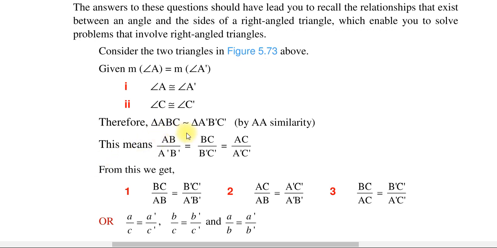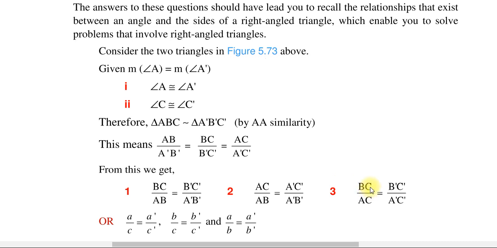Taking the ratio, AB over A prime B prime is equal to BC over B prime C prime, which is equal to AC over A prime C prime. So from this we get BC over AB is equal to B prime C prime over A prime B prime. Second, AC over AB is equal to A prime C prime over A prime B prime.